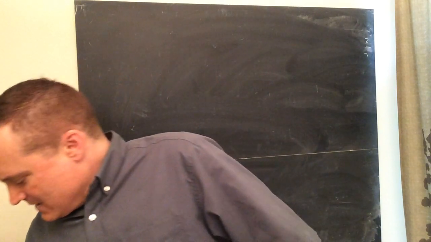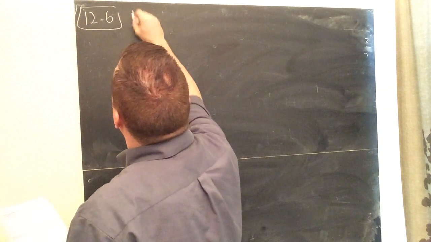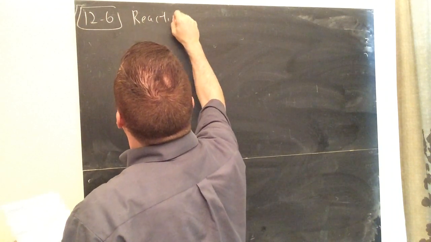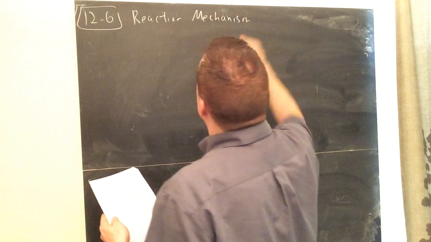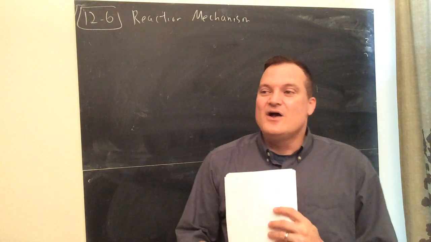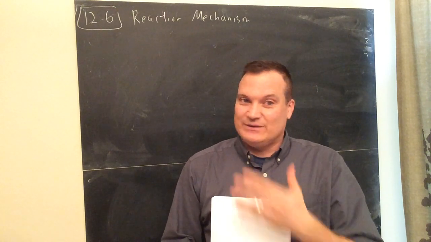But anyway, what in the world is meant by reaction mechanism? Let me just start off and tell you a little bit about this. This is one of the craziest, uncertain, advanced, theoretical areas of chemistry for right now. This is an area where we don't really know exactly what happens.